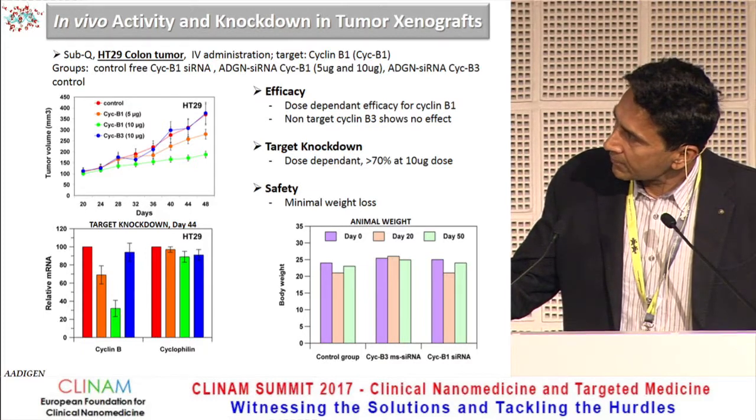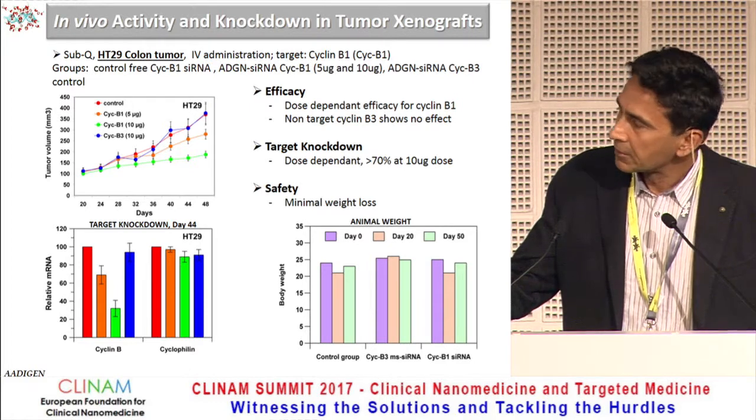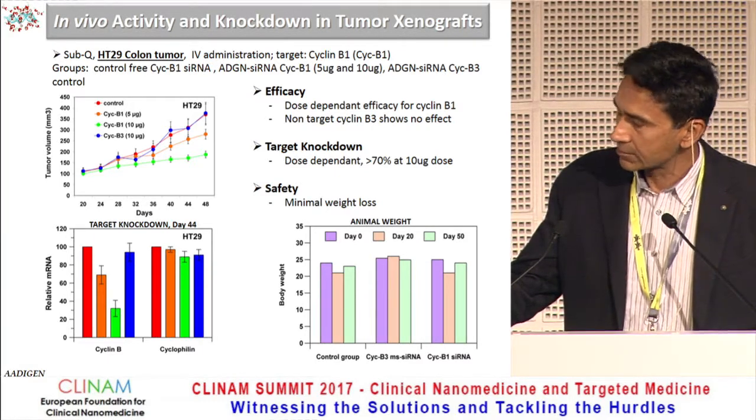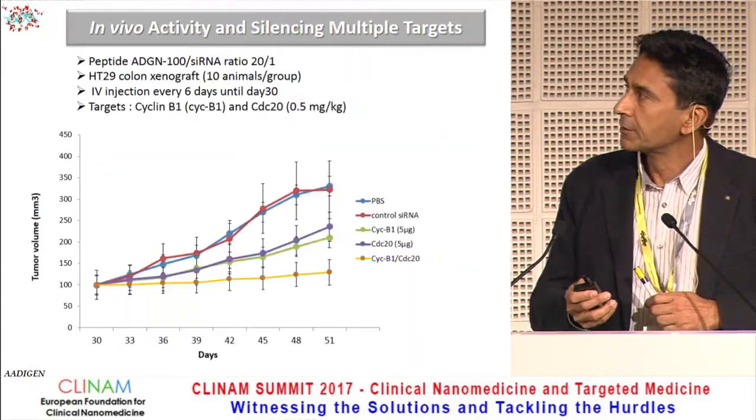What's important is that when we look at the tumors, you can see the corresponding knockdown in the tumors up to day 44. And as far as the animals, they're pretty happy. There's no significant weight loss. So this works quite well in vivo, and it manages to get to the tumor.